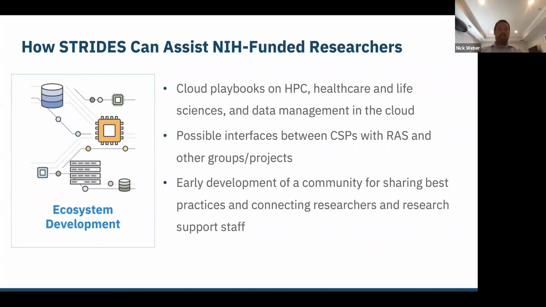And then the ecosystem development: we've been developing and putting together a compendium of resources such as playbooks specific to a cloud service provider. How do you do this for healthcare and life sciences? How do you do data management in the cloud? High performance computing. We work with lots of other programs. I didn't have an acronym here, but one of the major other initiatives that ODSS has funded is called the Research Authentication and Authorization Service.